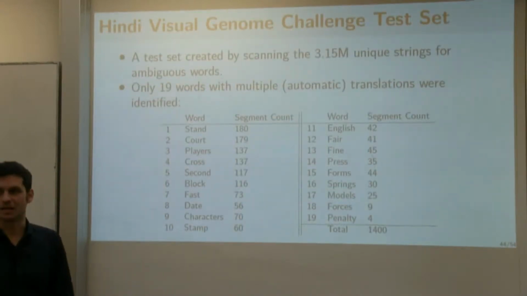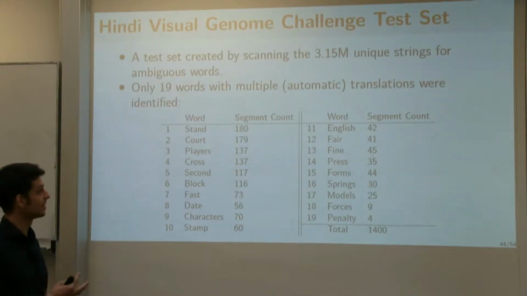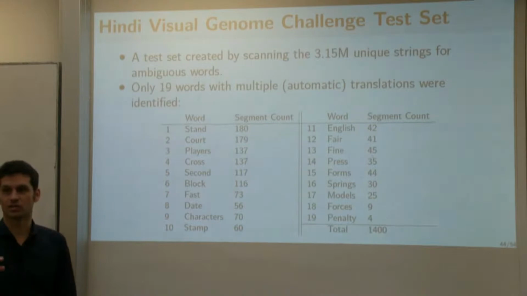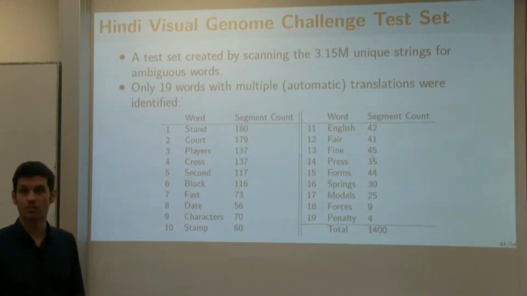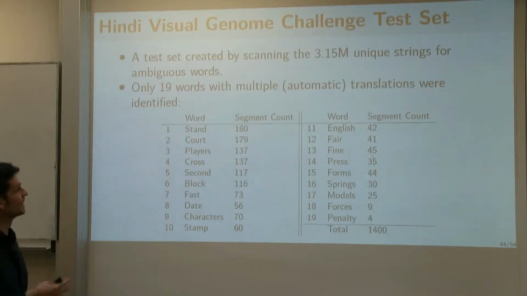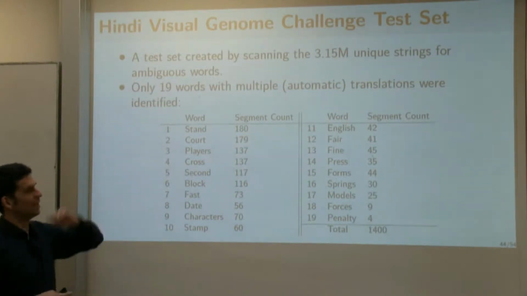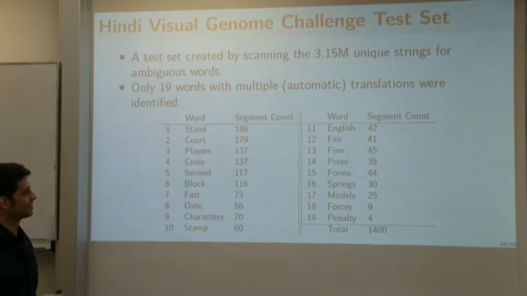What we did is we created a dedicated test set, or challenge test set, that was focused on ambiguous words. So we searched the whole Visual Genome, with its automatic Hindi translation, in about 3 million strings of descriptions of small regions in the image.